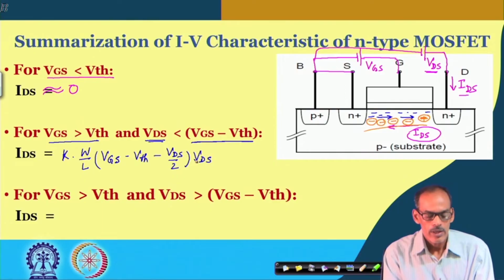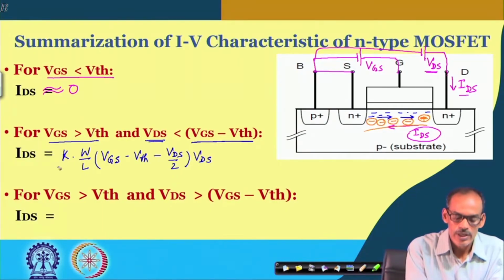And of course, this K has its own internal device parameters, namely mobility, dielectric constant of the oxide, and thickness of the oxide.